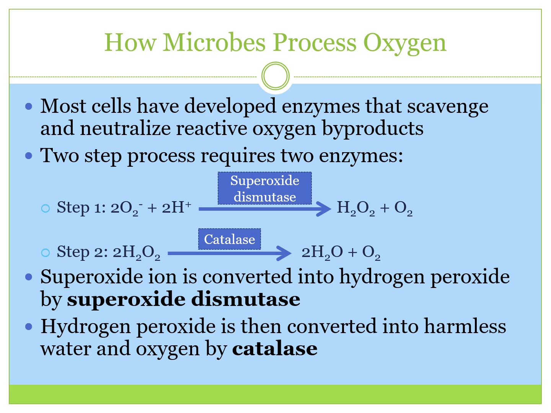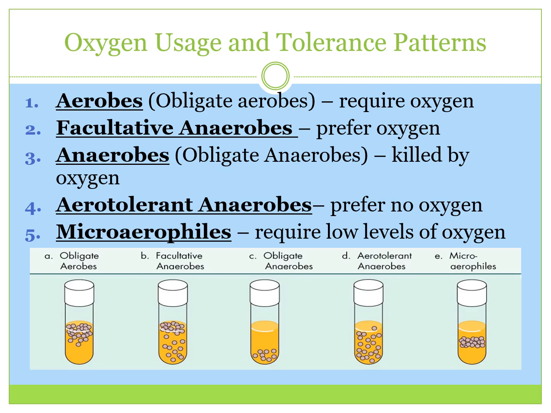Now, not all of them do, and specifically, not all of them can. Not all microbes have the ability to make oxygen products safe for the cell. That leads us into oxygen usage and tolerance patterns in microbes.